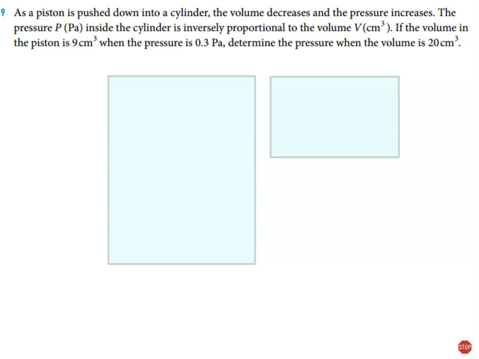If the volume in the piston is 9 cubic centimeters when the pressure is 0.3 PA, whatever that represents, determine the pressure when the volume is 20 cubic centimeters. So once again, pause the video, have a go yourself, and then check to see how you went once you've done that.